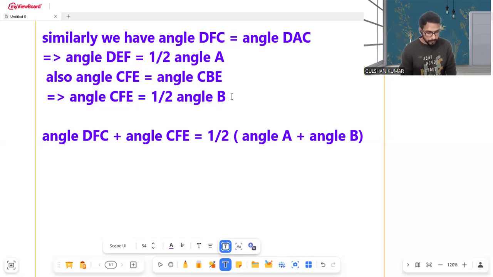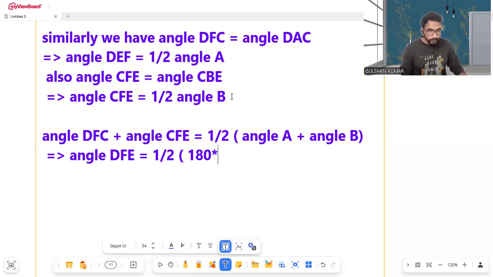Now this will imply that angle DFE will be equal to half of 180 degrees minus angle C. Clear?